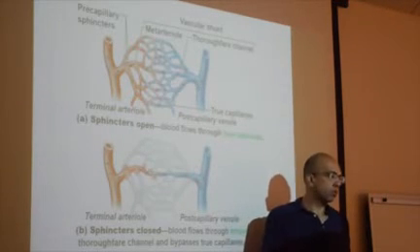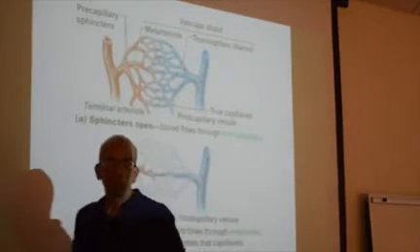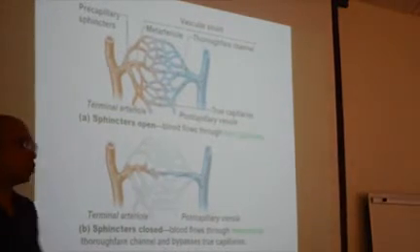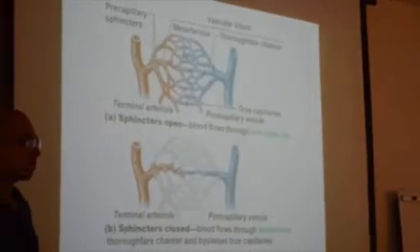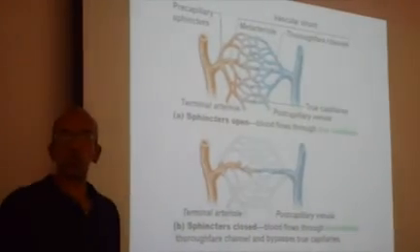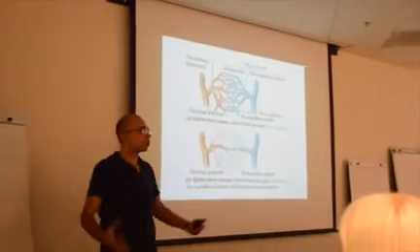So for example, can you give me an example? If I'm in a fight or flight situation, do I need a lot of blood to go to my stomach? Yes or no? No. I don't need to perform a lot of exchange with my stomach or my gastrointestinal tract.